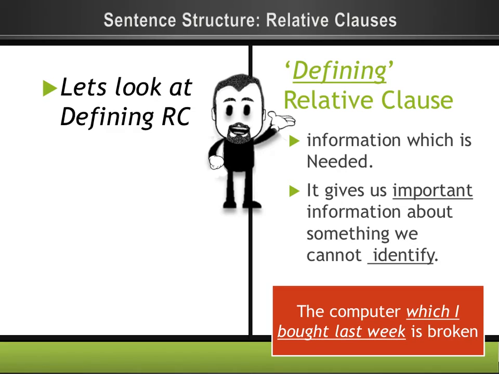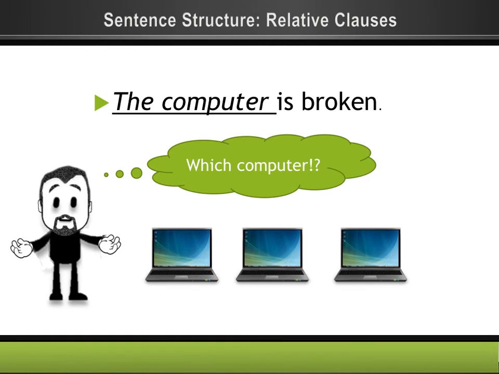In other words, the subject of the sentence is not a name. The computer? Which computer? The computer which I bought last week. Oh, that computer. Which computer is broken?